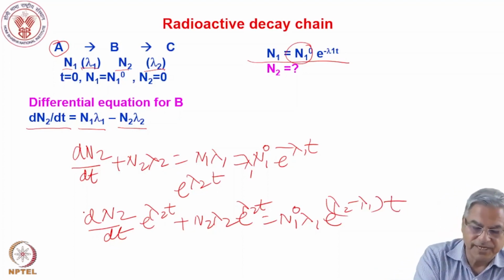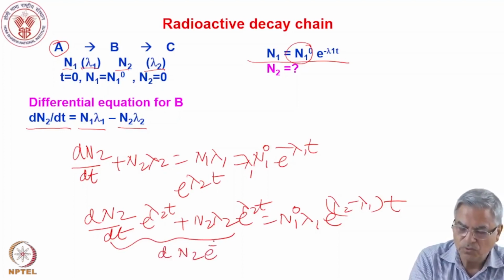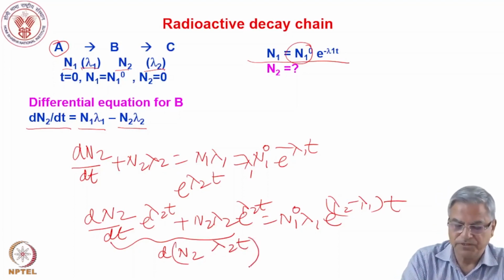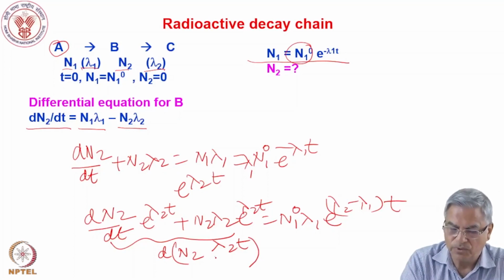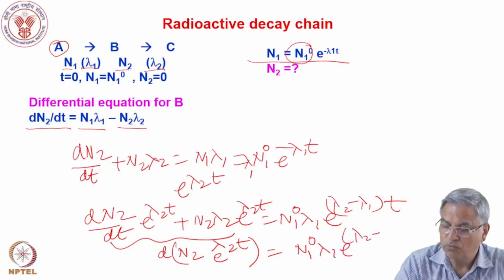Now let us integrate this equation. You see here, the left side becomes the differential of N2 e raised to lambda 2 t, equal to N1 0 lambda 1 e raised to lambda 2 minus lambda 1 times t.